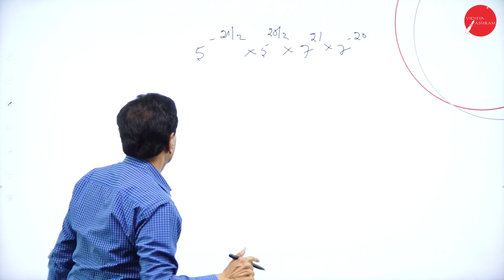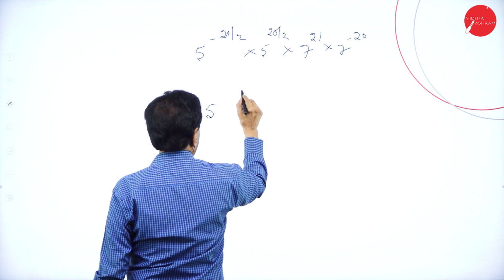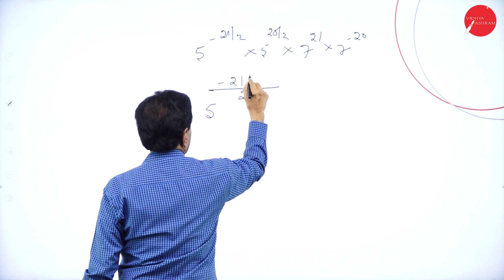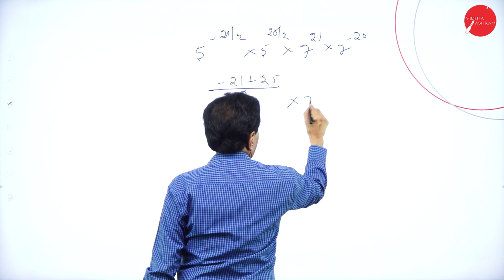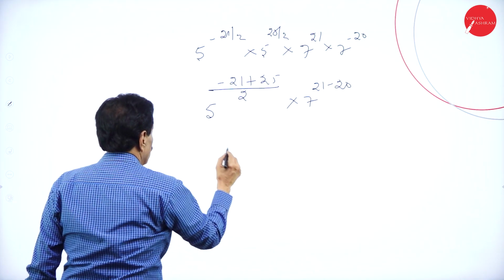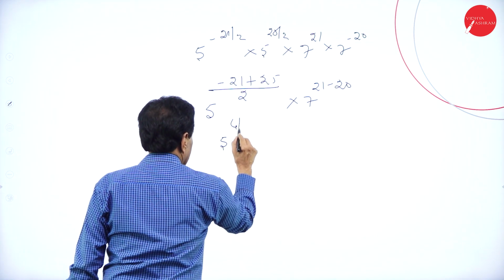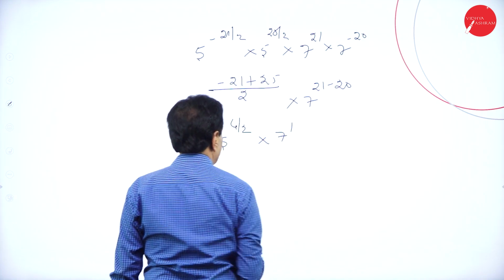Simplify this. This is 5 to the power of, if we take the LCM 2, minus 21 plus 25. This is 7 to the power of 21 minus 20. This is 5 to the power of plus 4 by 2 into 7 to the power of 1.